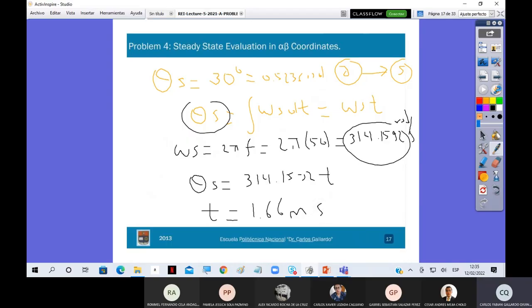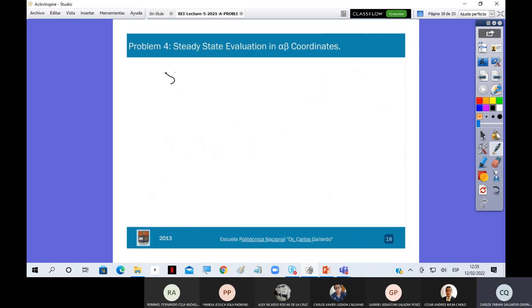In addition, the problem specifies the synchronous speed operation. Therefore, the rotor speed is equal to 0. So the slip is equal to the stator speed minus the mechanical speed over the stator speed, and this is equal to 0.